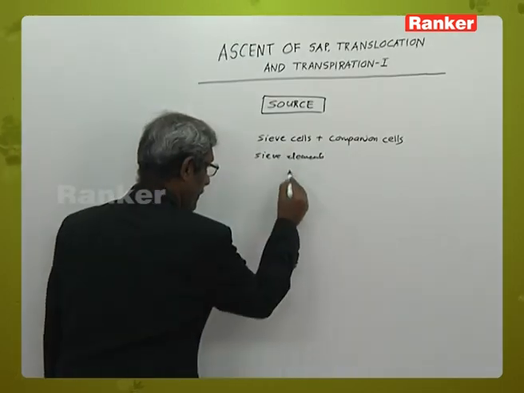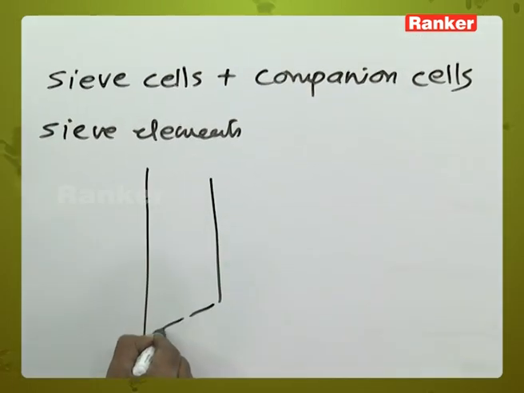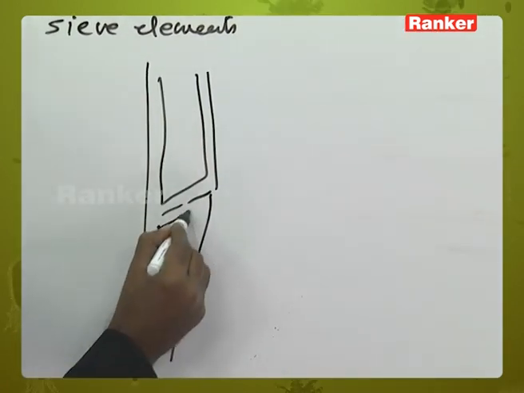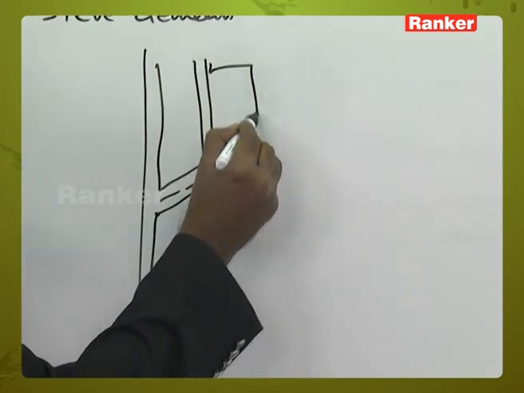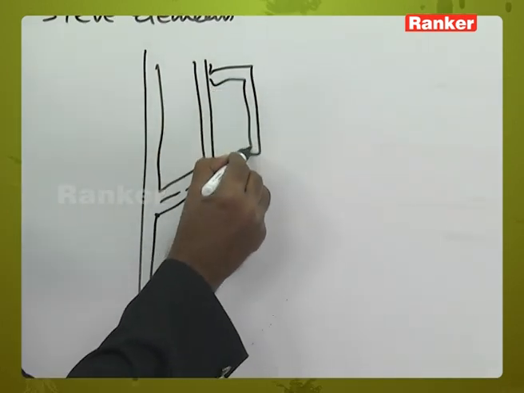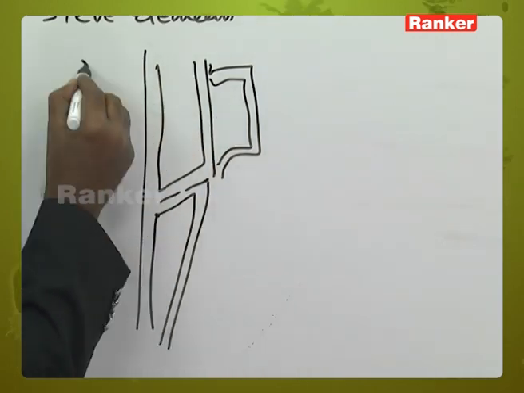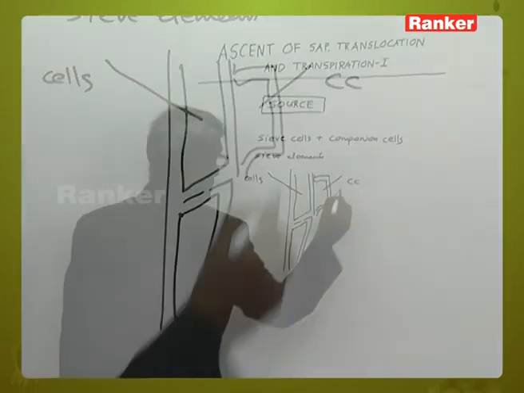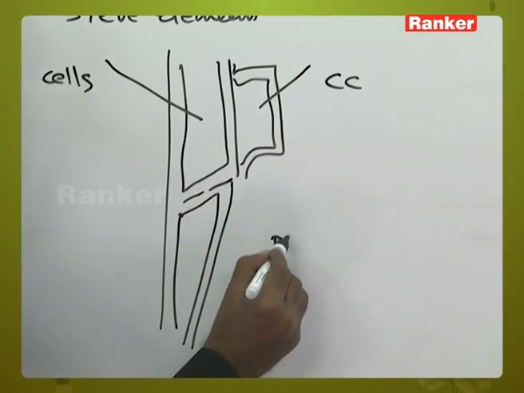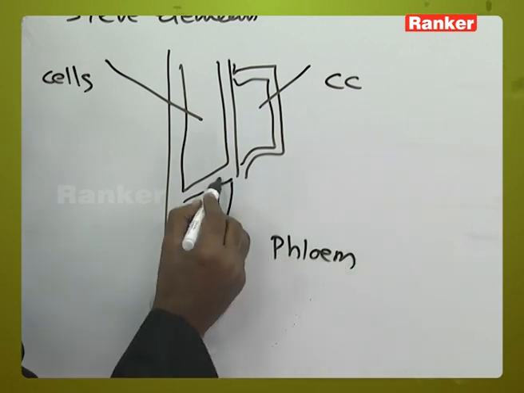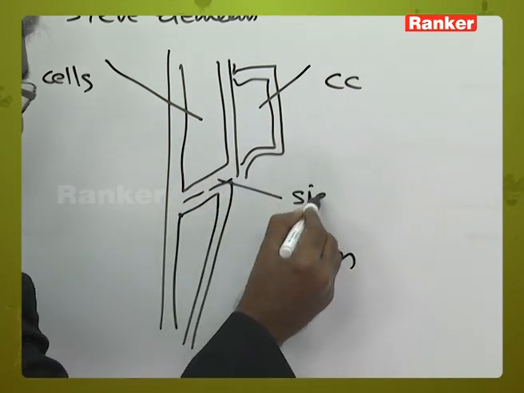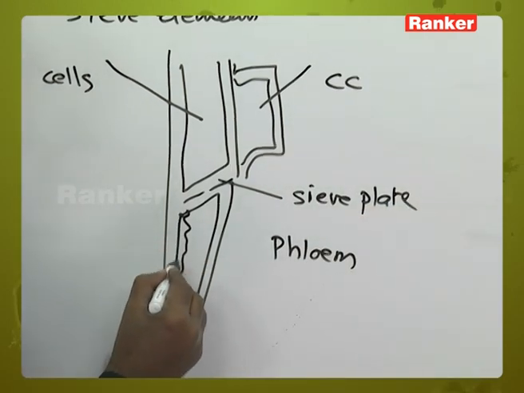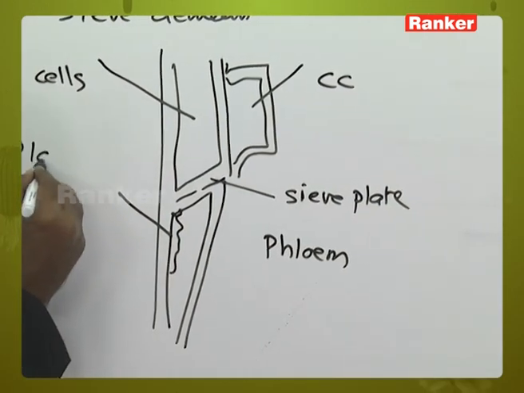If you look, these are primarily the sieve cells and these are the companion cells. So these are elements of the phloem, and again we have the sieve plate, and at the periphery we have the plasma proteins.